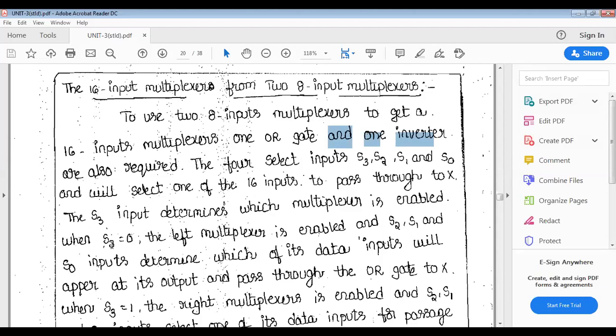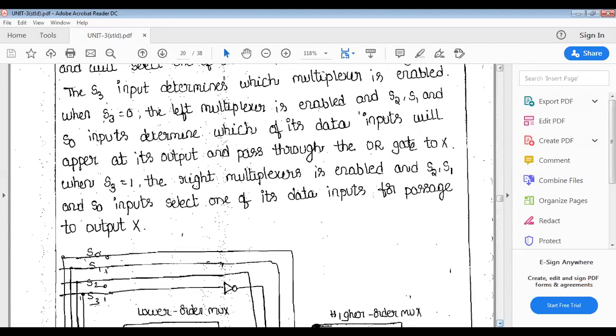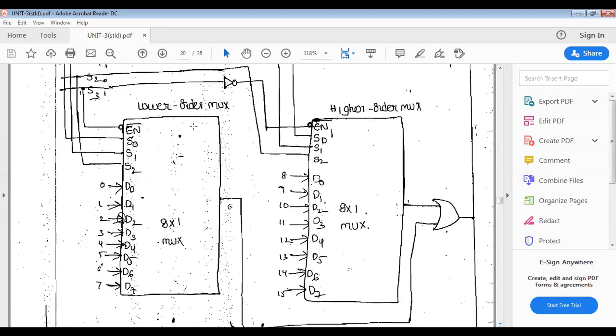Let us see when S3 is equal to 0. The left multiplexer, you see in the left multiplexer, the design is already there. This is the left and this one is the right. It's the lower order multiplexer and the higher order multiplexer. Following my students, higher order means 8 to 15 and lower order is 0 to 7, as I represented here.